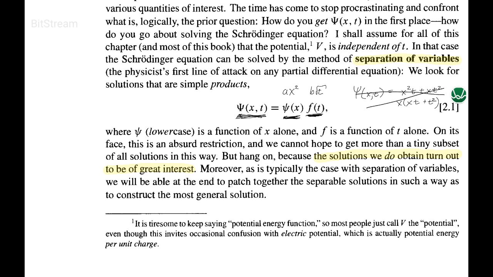Here, what we're saying is that if you apply this method of separation of variables, you can find your solution in an easier fashion, and then after all is said and done, you can patch together the separable solutions to construct a general solution. So this is a tool to attack a problem.